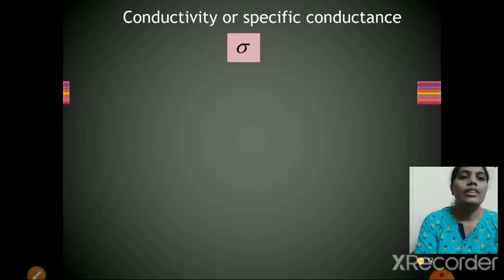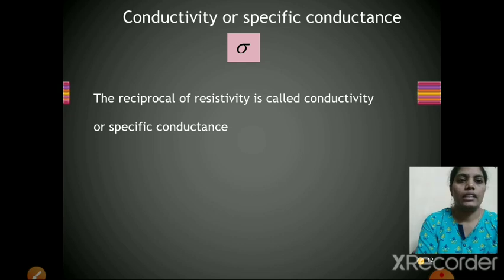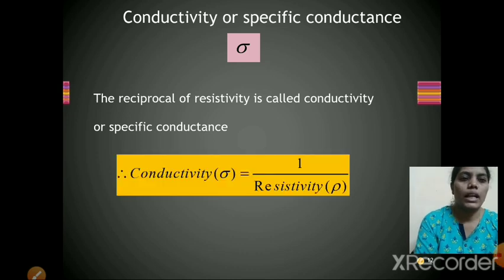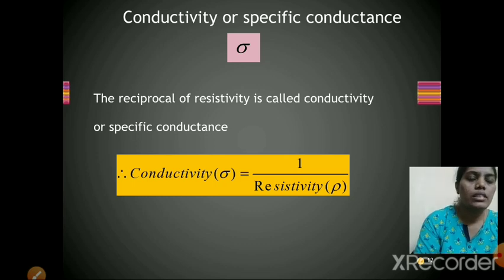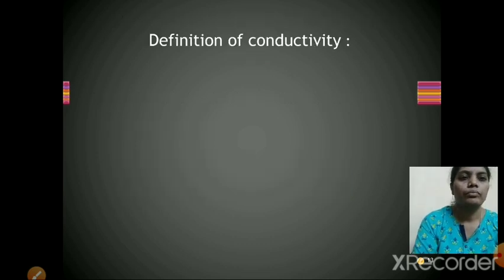Now conductivity or specific conductance. The reciprocal of resistivity is called conductivity or specific conductance. So conductivity sigma is equal to 1 by resistivity, that is 1 by rho.